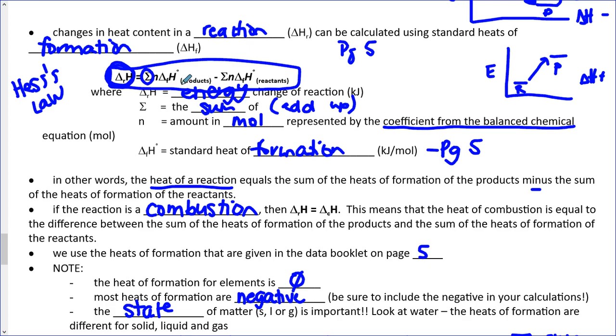It says products, subtract reactants. This was the sum of our heats of formation for the products, that was our step 1. The sum of the heats of formation of our reactants was step 2. And now step 3 is taking what this value was, subtract what this value was to get us our heat of reaction.